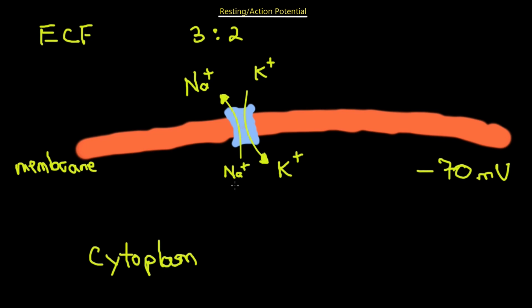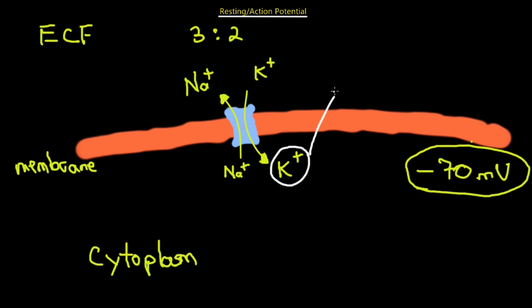So it's going to maintain this sort of electrochemical gradient. In addition, this gradient of -70 millivolts will be maintained by the potassium leaking through the membrane at a much faster rate than the sodium coming back in, because the sodium concentration inside the cell is low and the sodium concentration outside the cell is high.